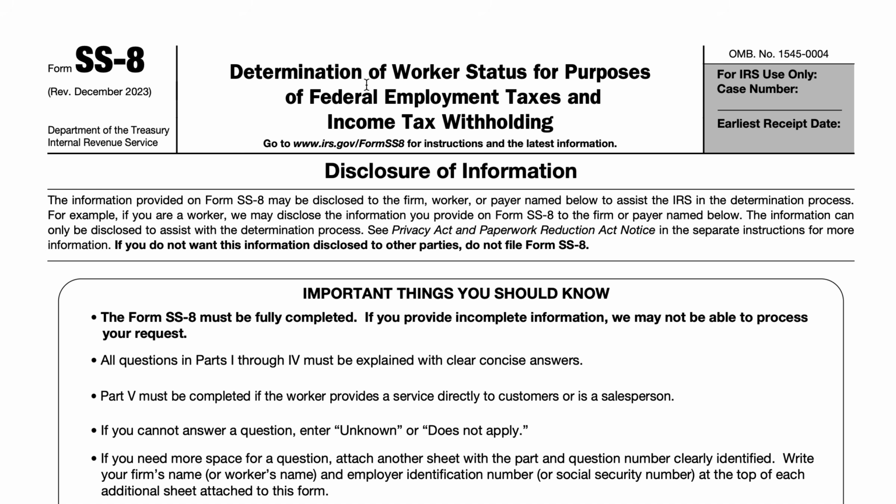Again, there's no real code to break here. I guess you can Google the Internal Revenue Manual and go through it detail by detail, but your best bet is to just fill this form out honestly, completely, and then provide all the supporting documentation as requested, and then file it with the IRS and let the IRS determine it.